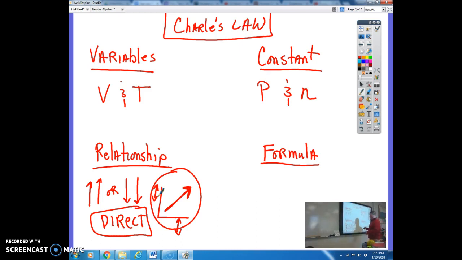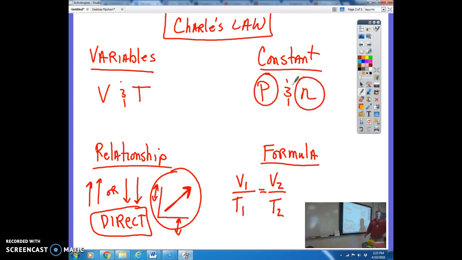Okay? So the formula for that will be your initial volume divided by your initial temperature equals your secondary volume divided by your secondary temperature. That's the basic formula. Again, pressure and number of particles are being held constant. Okay? Let's set up another example working with our temperature and volume.